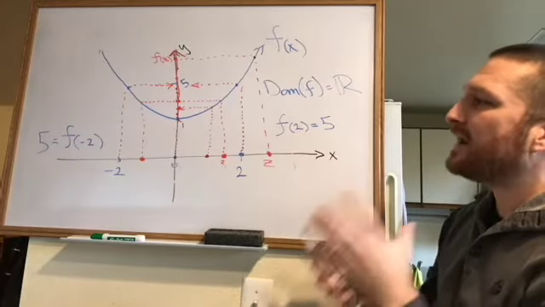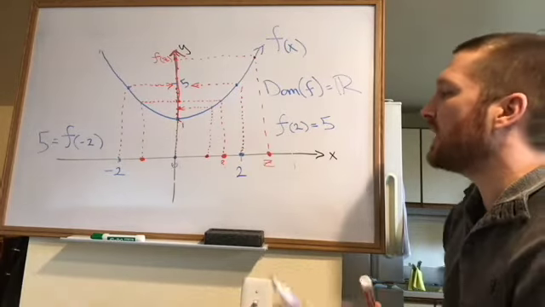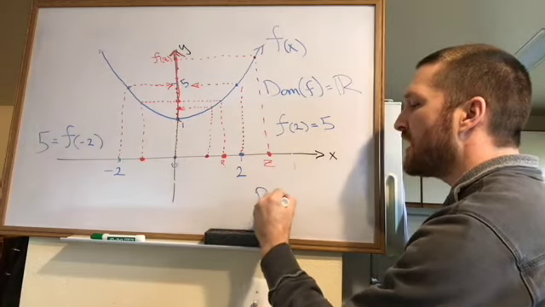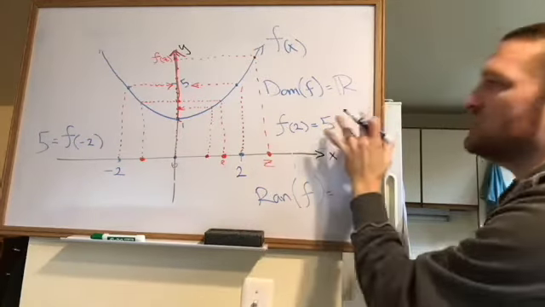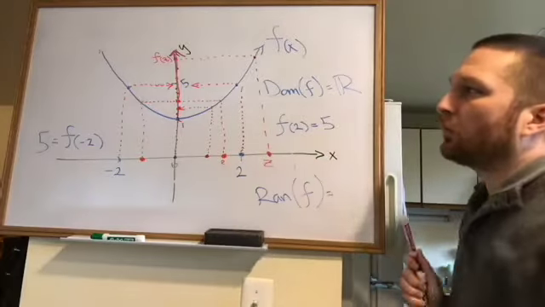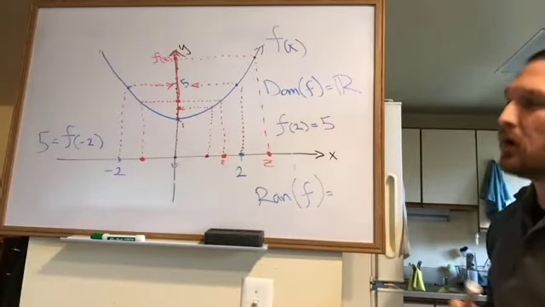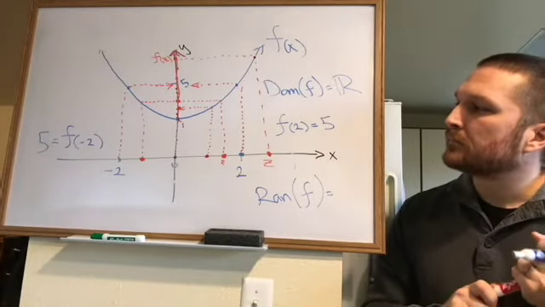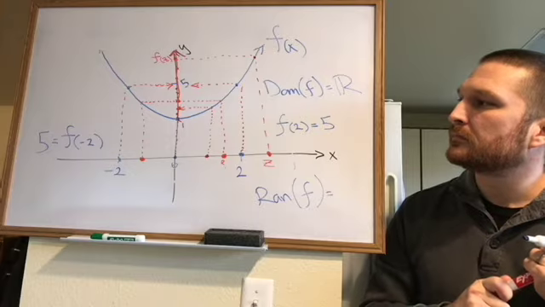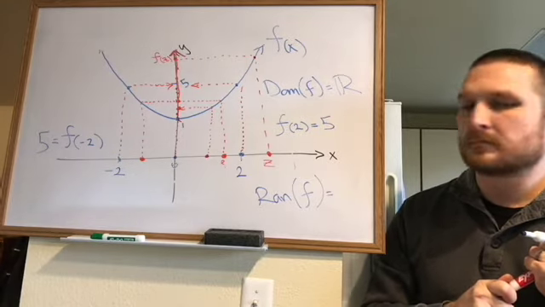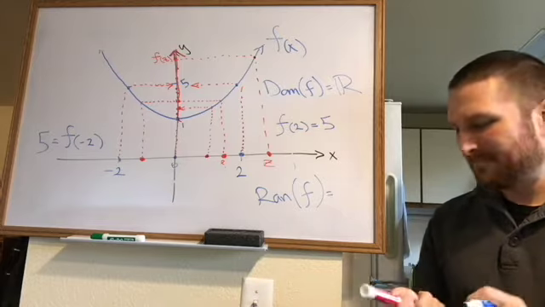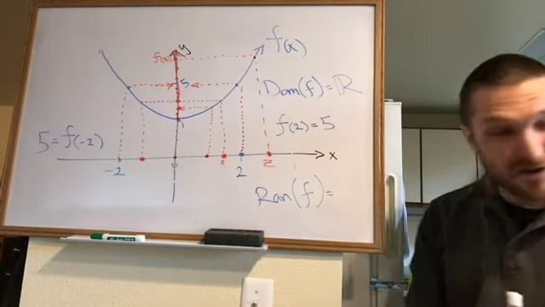So when I do that, now we're trying to find what is the range of F. When I plug in all real numbers, what numbers are hit? All numbers above 1. All numbers above 1.